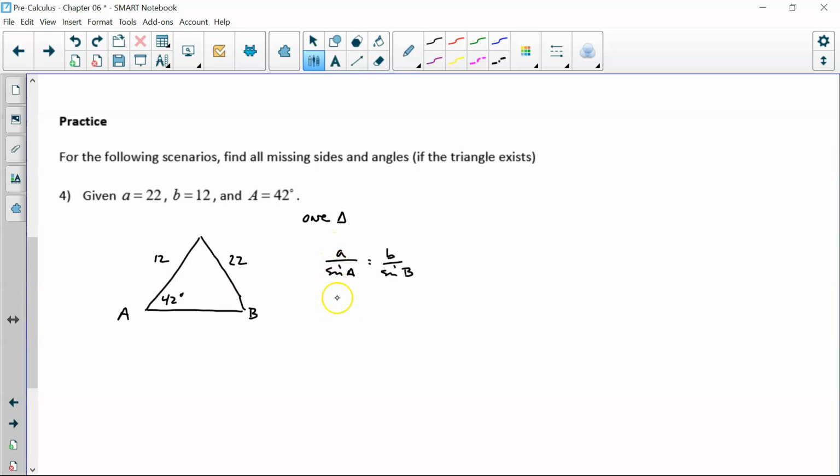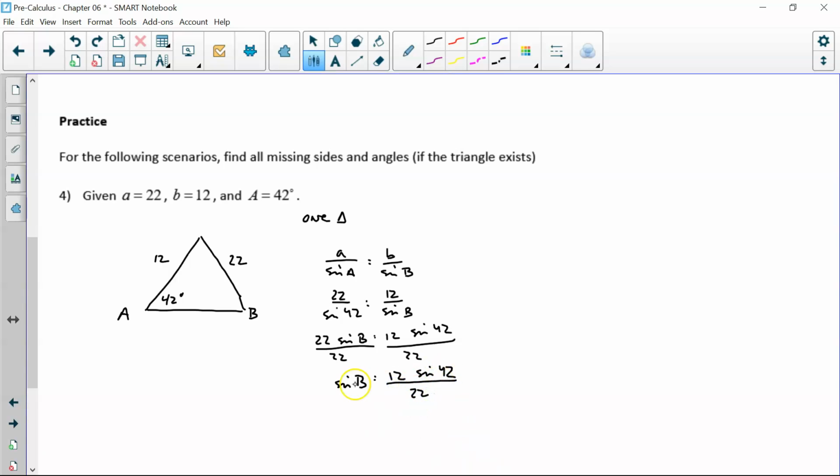So it's 22 over the sine of 42 equals 12 over the sine of B. We would cross multiply: 22 sine B equals 12 times the sine of 42. We would divide both sides by 22, and the sine of B equals 12 sine 42 divided by 22.